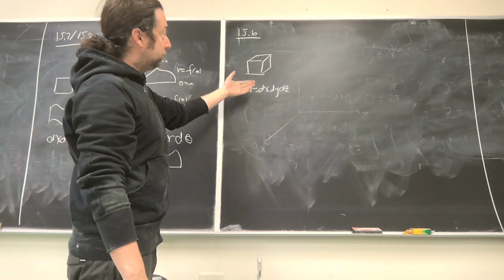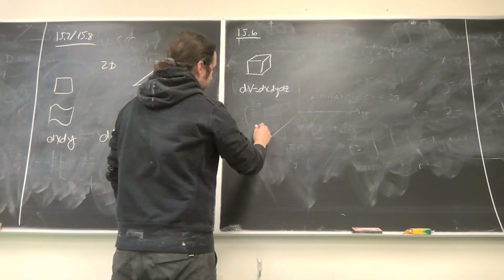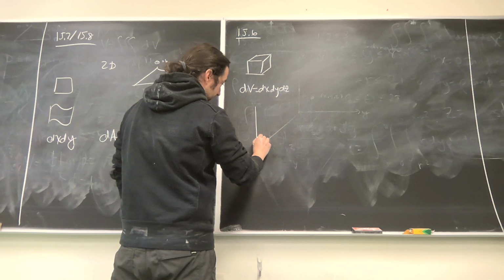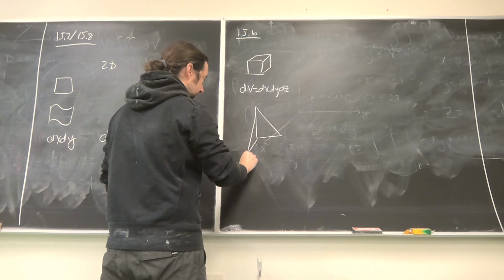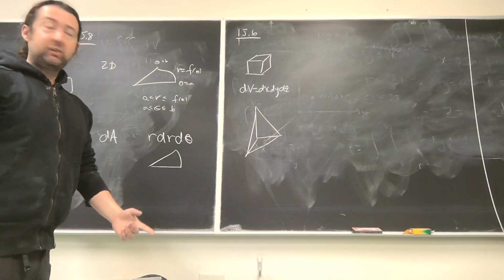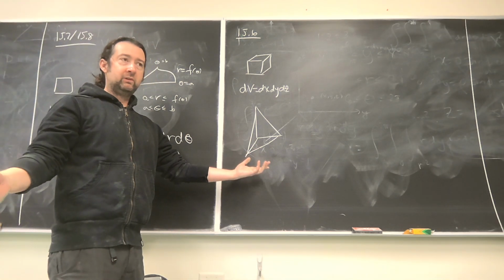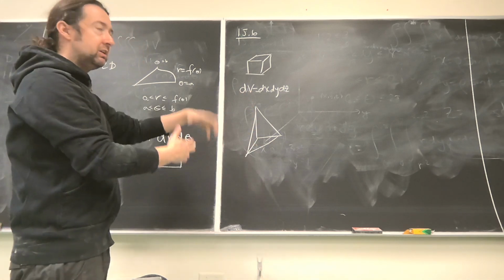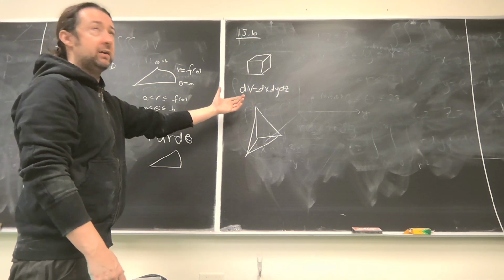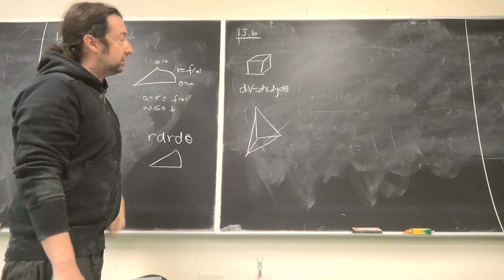The natural regions we considered were things like tetrahedra. We did a bunch of these tetrahedron problems, and I can easily think about them in rectangular coordinates because everything's built out of straight lines. Lines and planes are really easy to work with in Cartesian coordinates.